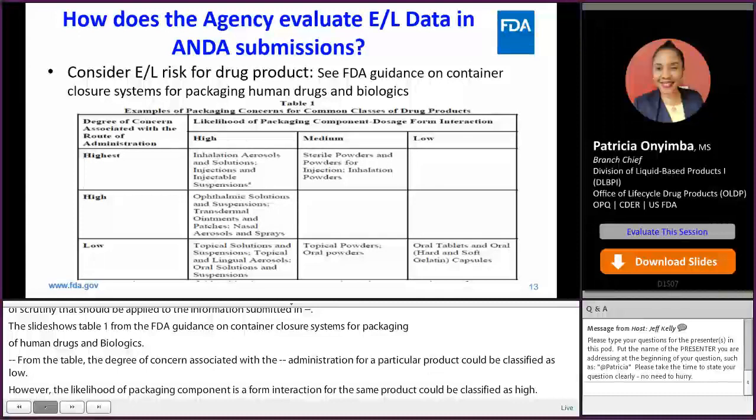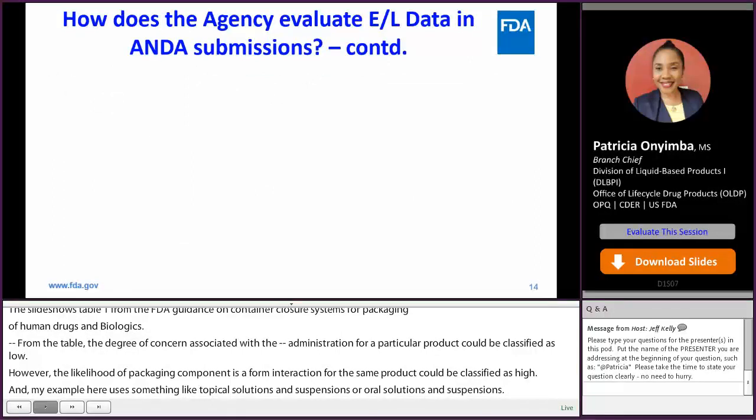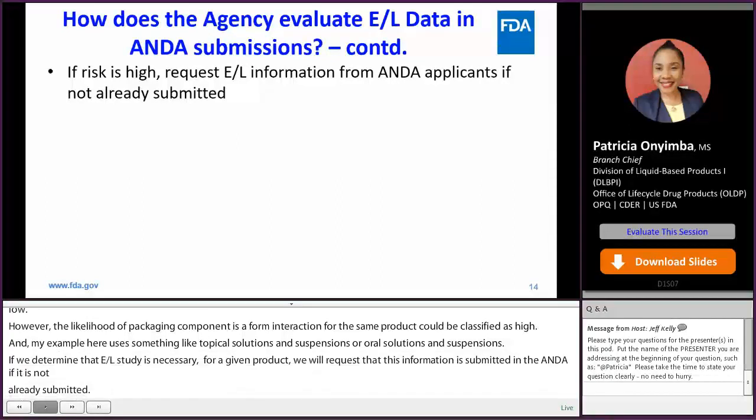My example here uses something like topical solutions and suspensions or oral solutions and suspensions. So if we determine that an EL study is necessary for a given product, we will request that this information be submitted in the UNDA if it is not already submitted.